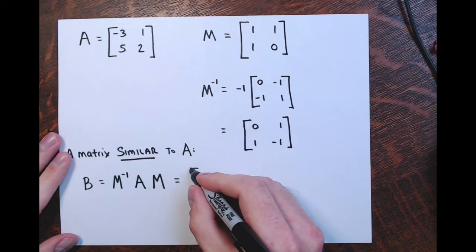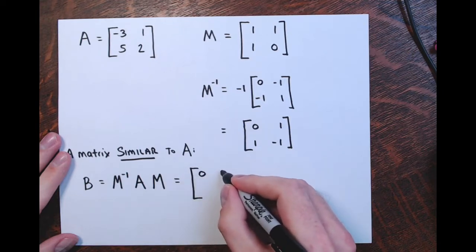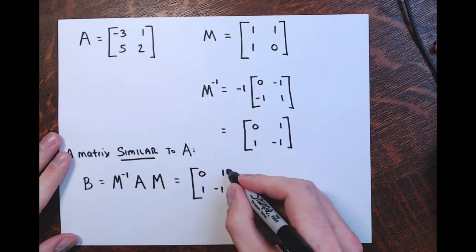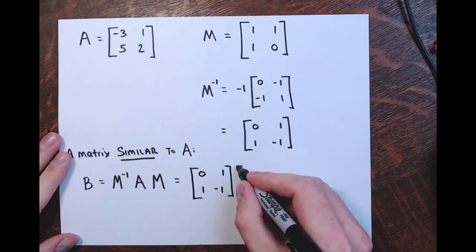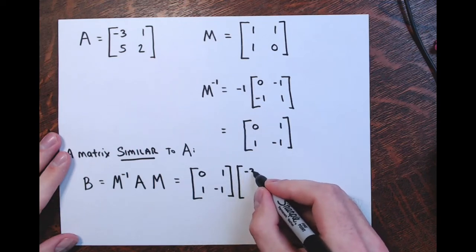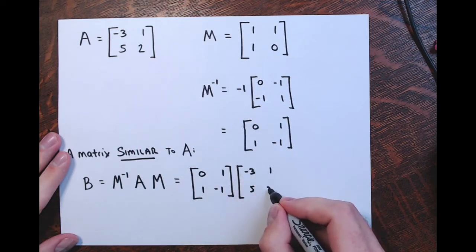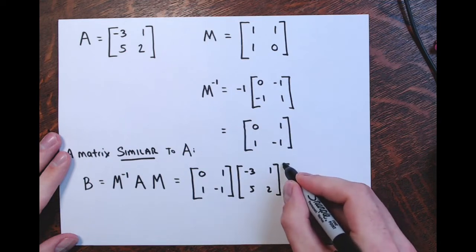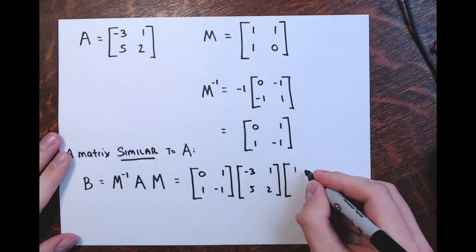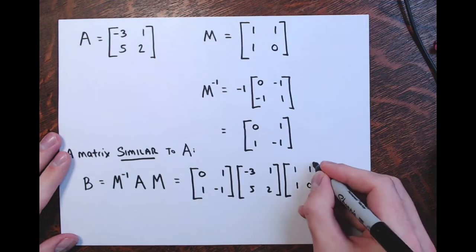M inverse, 0, 1, 1, negative 1, times A, negative 3, 1, 5, 2, times M, 1, 1, 1, 0.